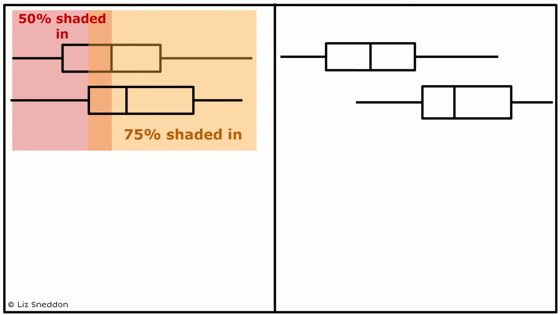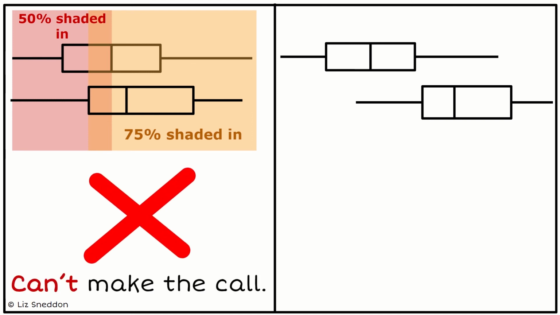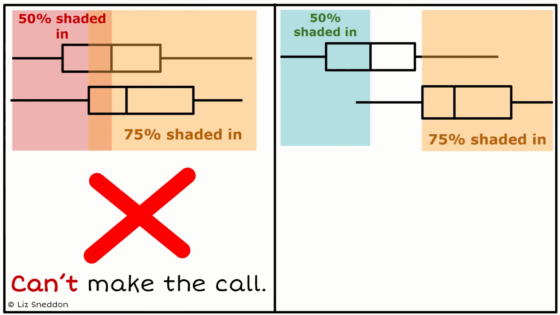And because I've got them overlapping, in this situation there is too much overlap. I can't make the call. There's a lot of these values that could be the same, so I can't say that one group tends to be bigger than another. Whereas for this second scenario, if I shade in 50% and then I shade in 75%, so I've shaded 50% of the top graph and 75% of the bottom graph, and they don't overlap.